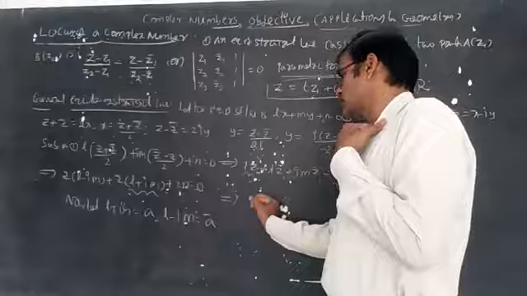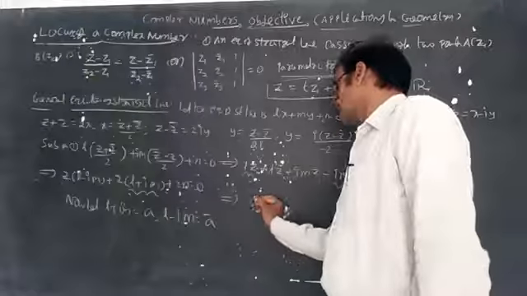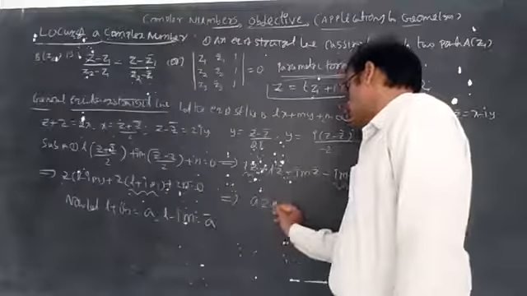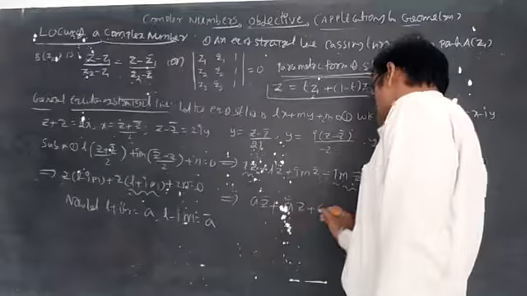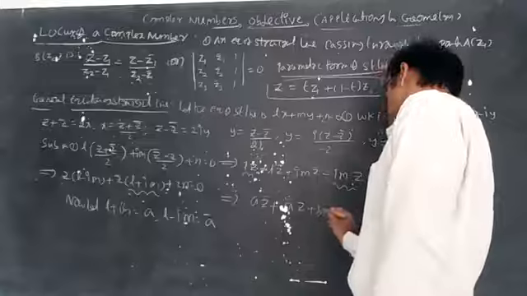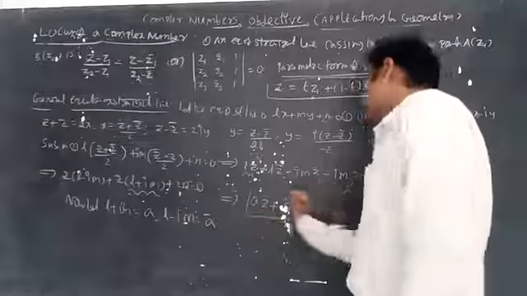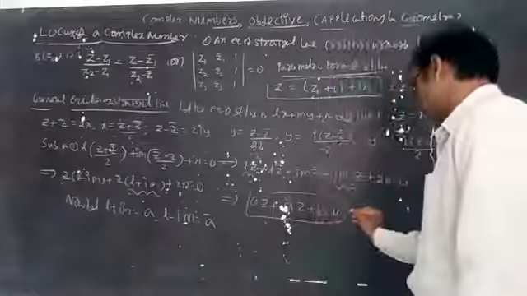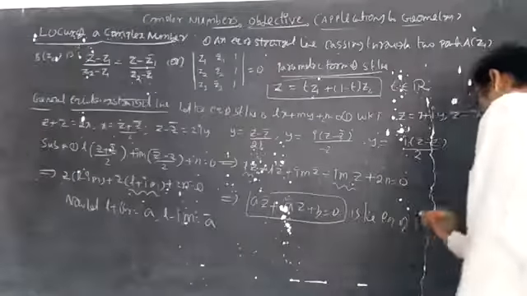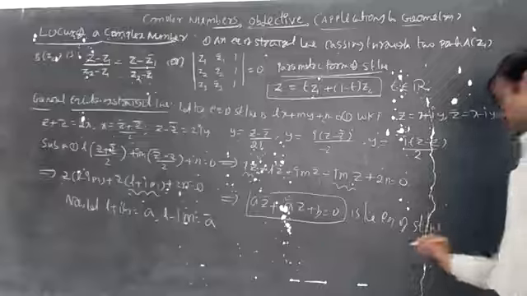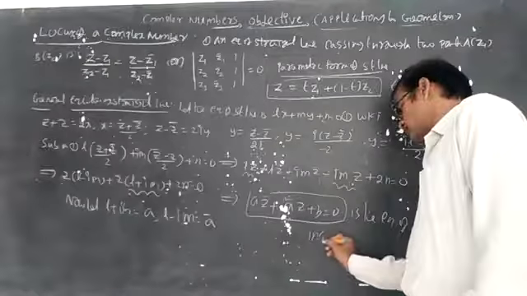So you can write here A z bar plus A bar z plus B is equal to 0, which is the equation of a straight line in general form.